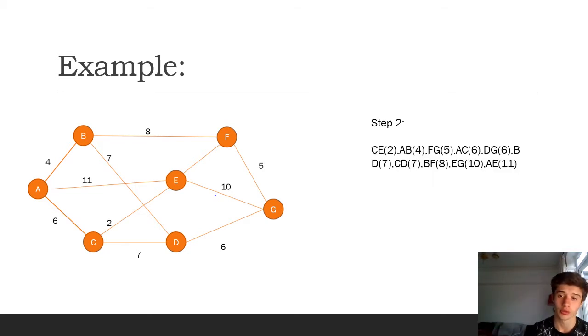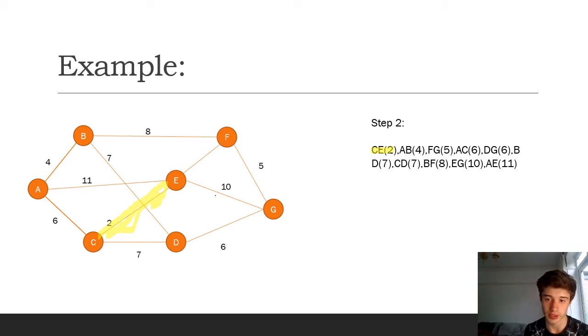So going through it, I'm going to get a highlighter in yellow, and let's look at C to E first. So C to E on the graph, that is there. It's 2. So of course we can add that because it's the first one. It's not going to form any cycles.